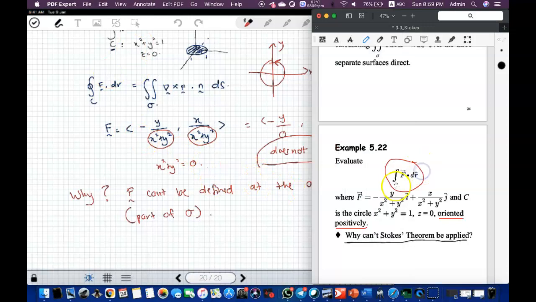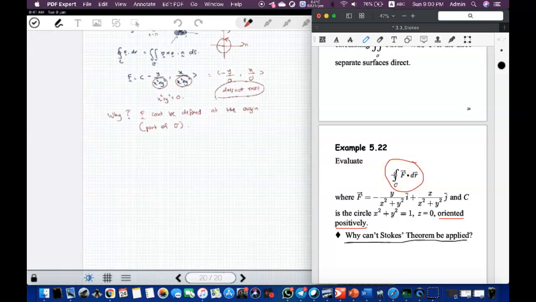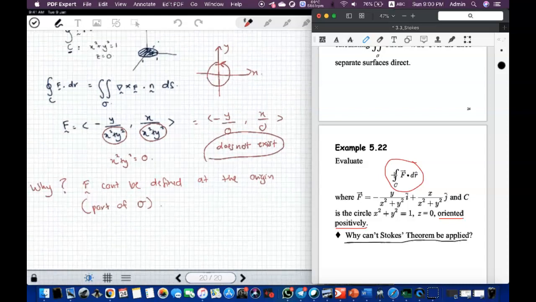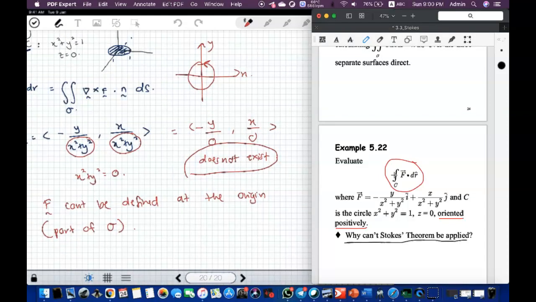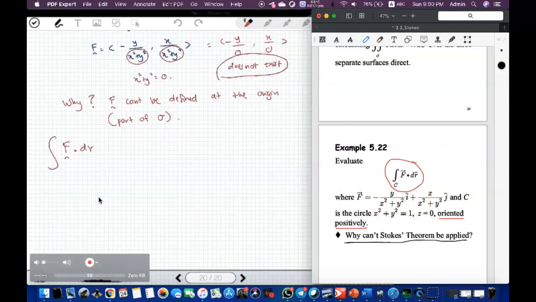Since Stokes and Green's cannot be applied, and of course you cannot apply the Gauss because you don't have a solid here, we have to compute manually and directly using a line integral. If you sketch, that is your curve: a circle with radius 1. You have to apply the line integral where f is given here, and you have to obtain the r over the curve.